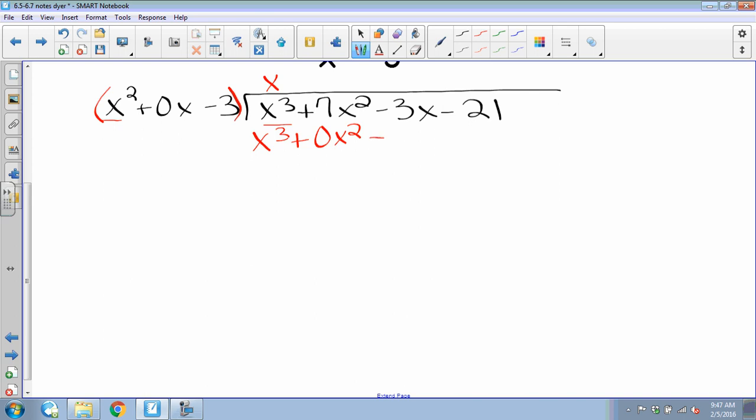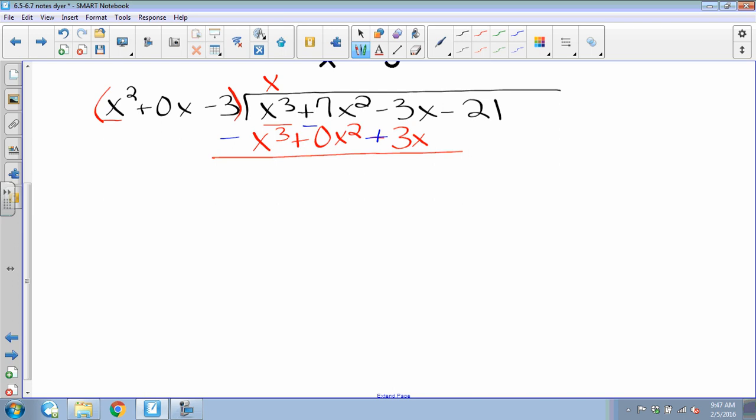X times negative 3 is negative 3x. Like I said, the steps don't change. Now we subtract, which means, what does subtract mean? Change all the signs of everything down here. So that's going to be negative x to the third, negative 0 doesn't matter, and positive 3x.